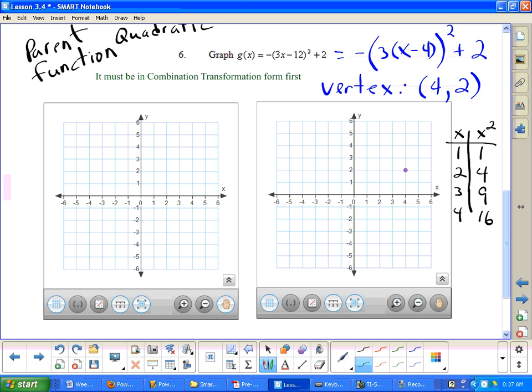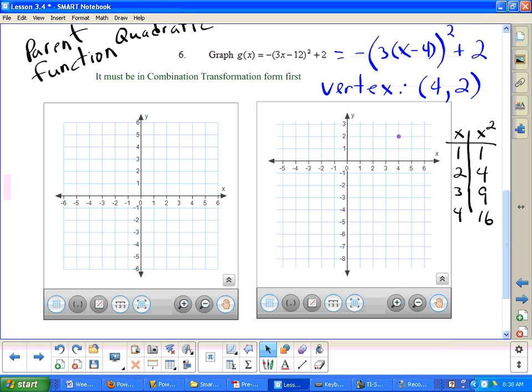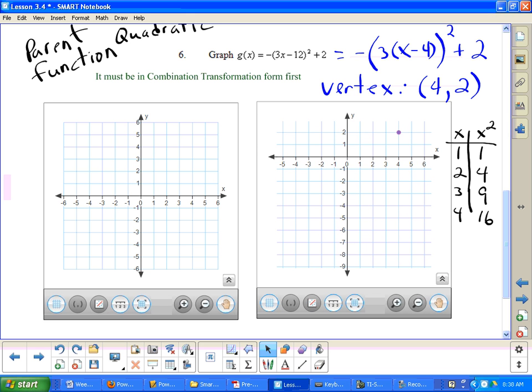I'm going to have to change my window here a second. So I'm going to go over 1 and down 9, on both sides of that point.